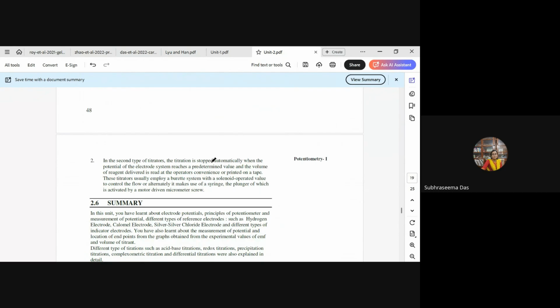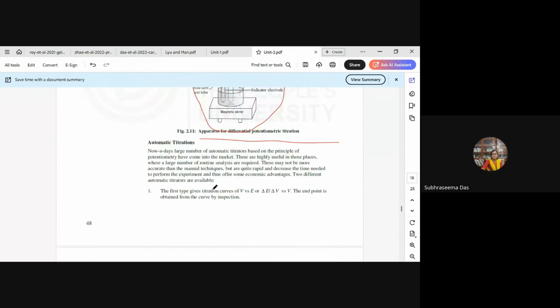These titrators employ a burette system with a solenoid that is operated, and make use of a syringe activated by a motor driven screw. So automatic titrators are much more in demand in comparison to conventional titrators.